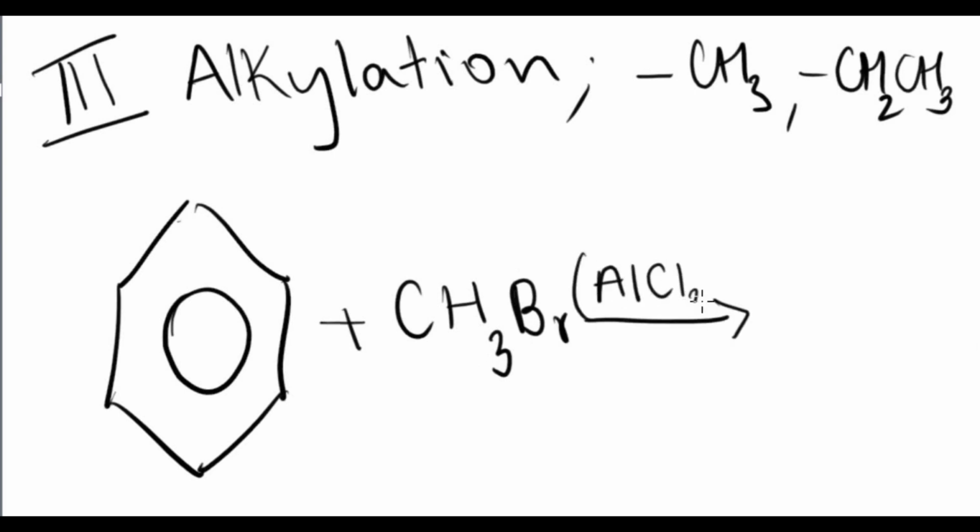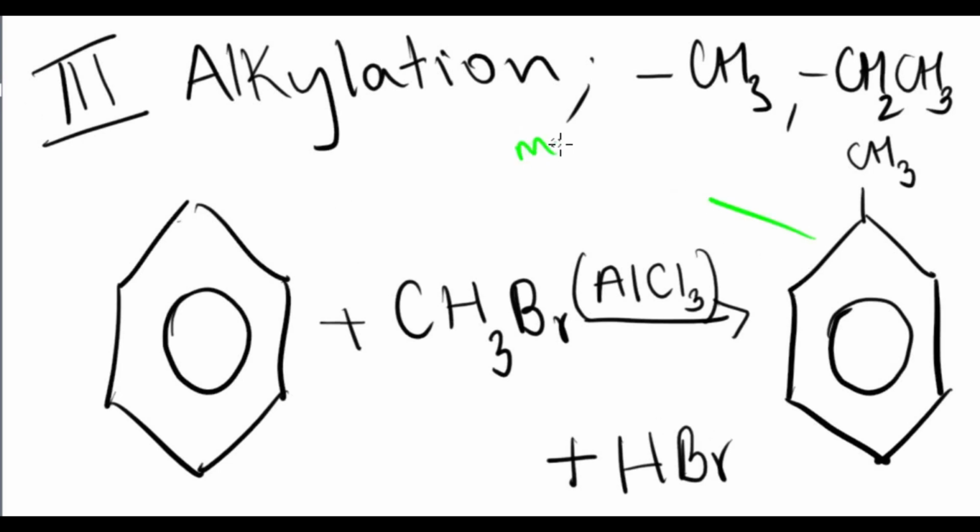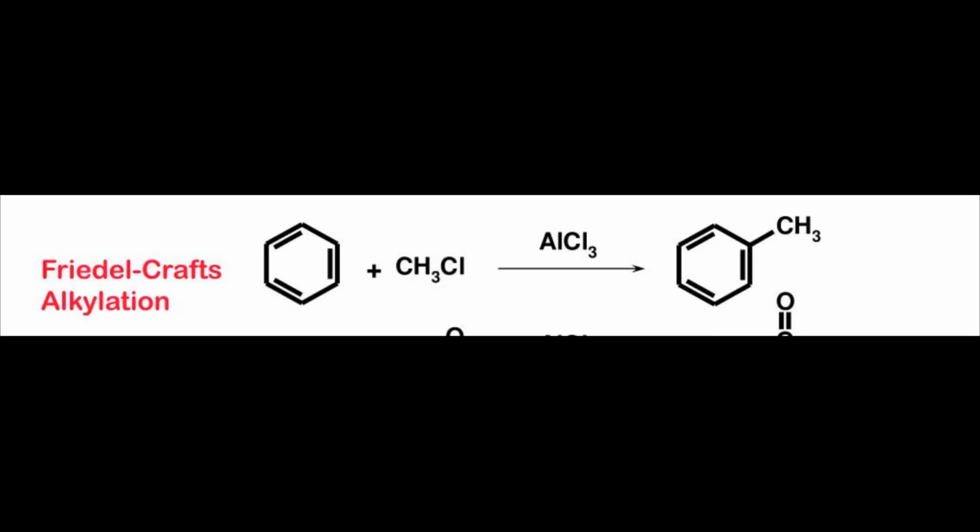What's important in this reaction is that you need to have aluminium chloride, which is the catalyst, which initiates this reaction. And here we'll get methylbenzene, and as a side product, we get hydrogen chloride because the halogen of the alkyl reacts with the hydrogen that was initially in the spot where the methyl is now. So this is how it looks.